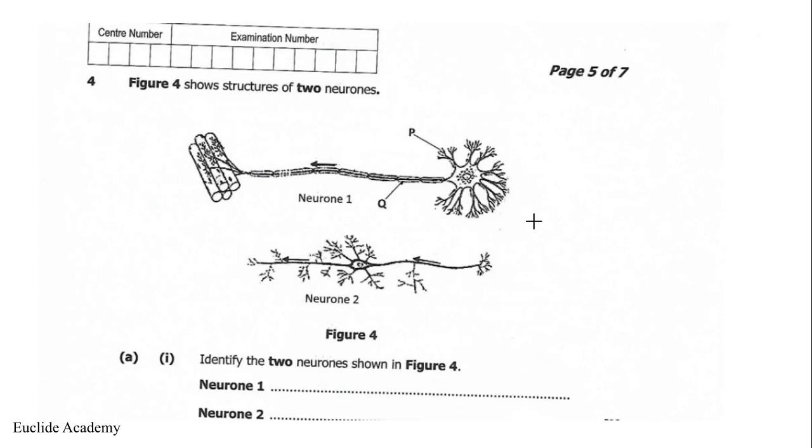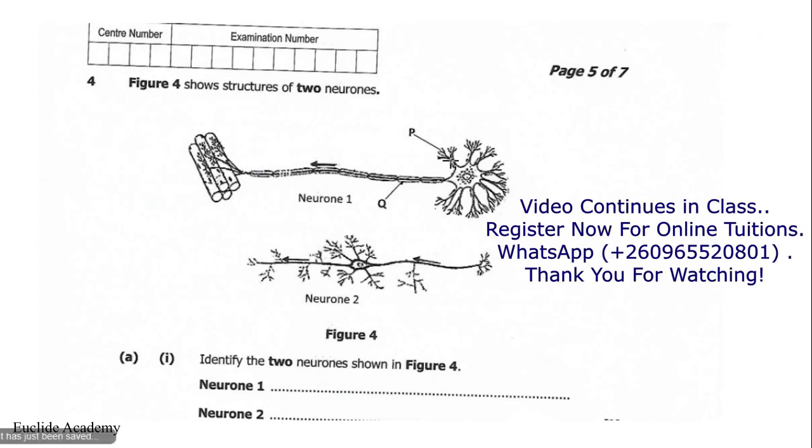This is where the question is coming from, and we definitely did this lesson in class, where we mentioned the different types of neurons that we have. So these diagrams are showing the different types of neurons. So neuron number 1, identify the 2 neurons shown in figure 4. Neuron 1 is what we call the motor neuron.